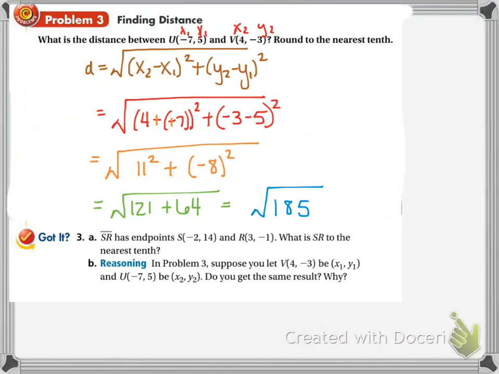Now, at some point we'll talk about how to simplify that, but for now you can just take that square root and plug that into a calculator to get an answer. If you plug that into a calculator, you get about 13.6 for the distance.